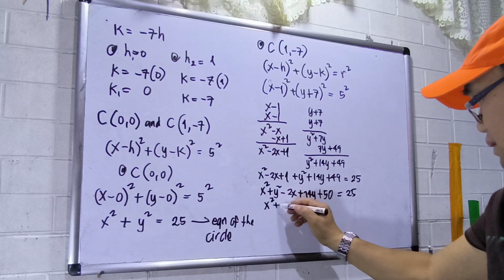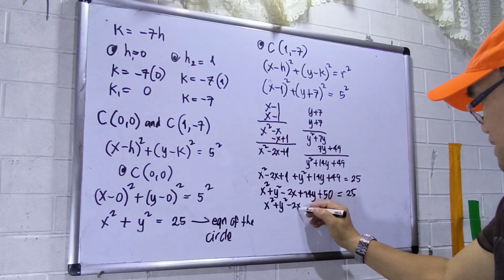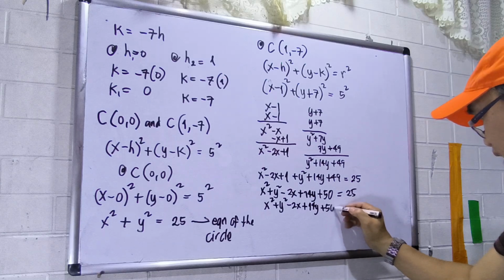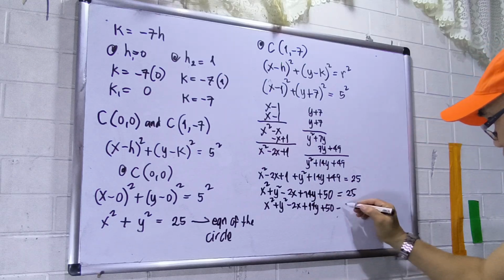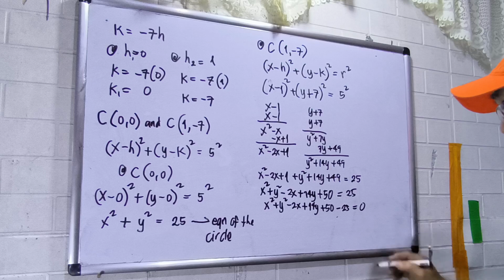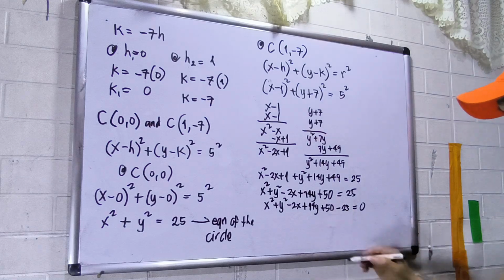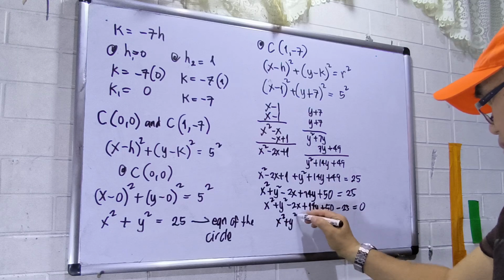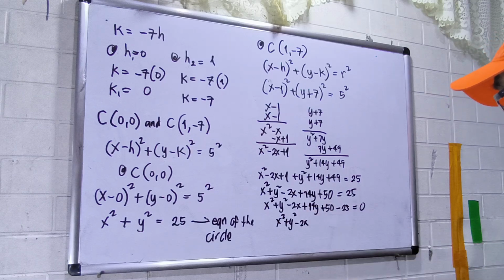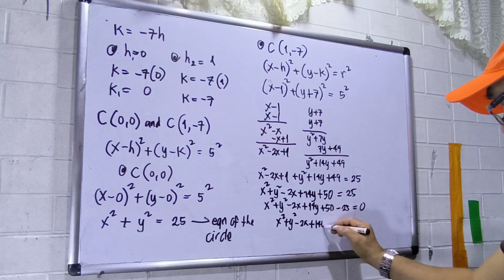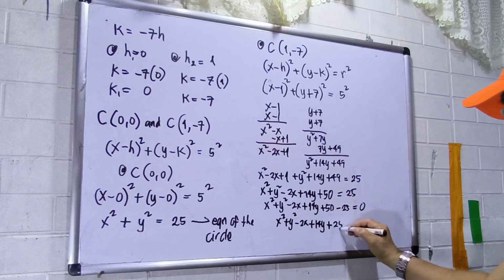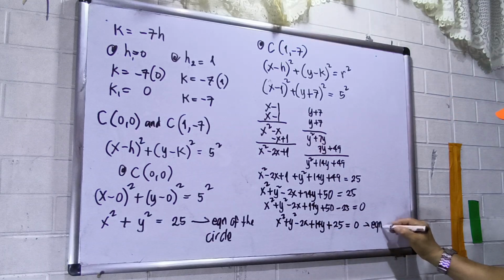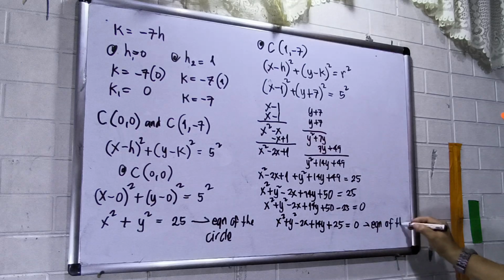Then plus 50 transpose to the left, that will be minus 25, is equal to 0. So this will be x squared plus y squared minus 2x plus 14y plus 25 is equal to 0. So this is now the second equation of the circle.